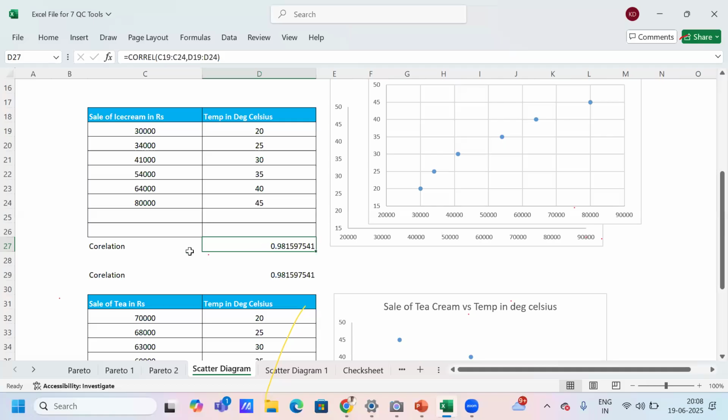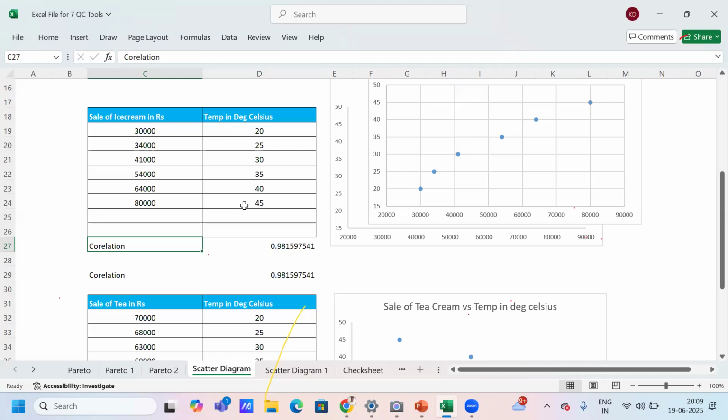So what should be your conclusion? Your conclusion is that the sale of ice cream in Pune city and the temperature in degrees Celsius in Pune city are positively correlated, highly positively correlated, or having a strong positive correlation. What does it mean? It means when the temperature of the city increases, definitely my sale is going to increase.